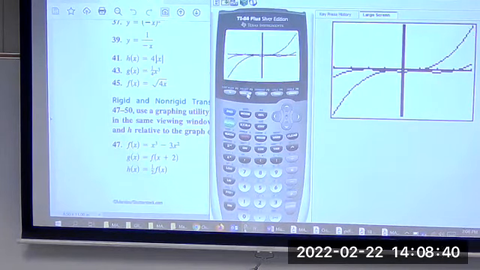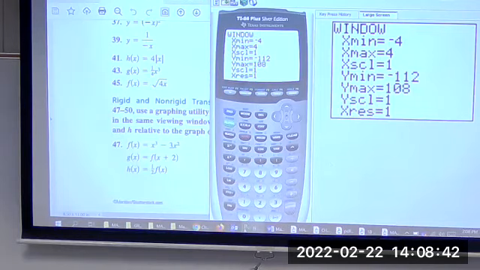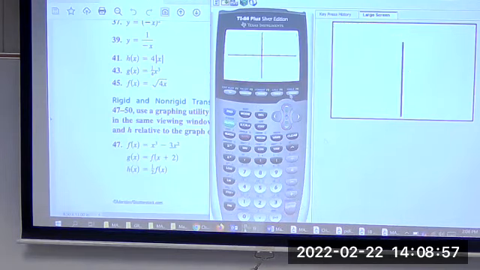And of course, I'm not happy with the window. Look at that, the Y is huge. Okay, there's the original, here it comes out, there we go.